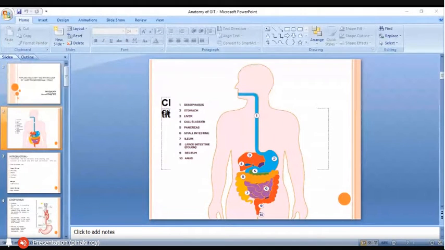Sometimes MCQs also ask this type of question: the part of the GI tract where there is no serosa. The importance is that in any GI procedure, the chance of perforation is quite high in the esophagus, as there is no serosa.